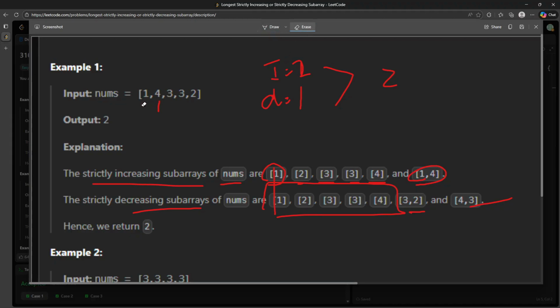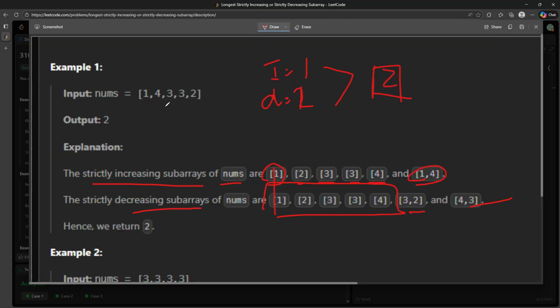Later on I come here, I have 4 to 3, which is decreasing. I already know my maximum was 2, but since this is decrement, I reset the increment to 1 and the decrement to 2. I compare with the maximum, and it still remains 2, right?